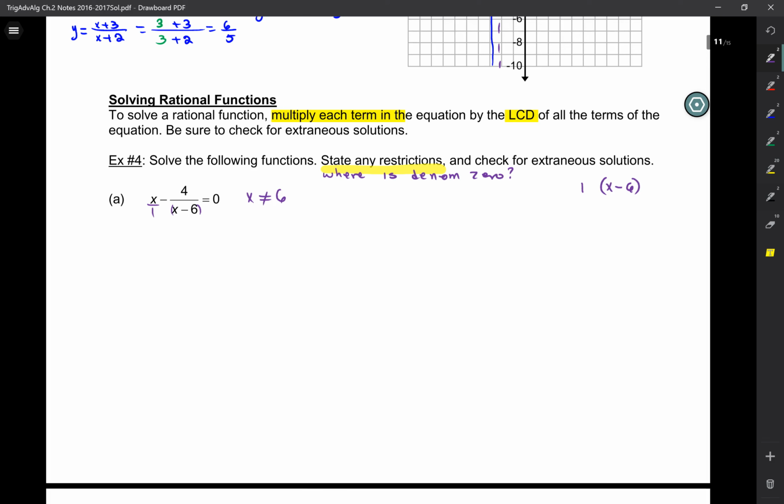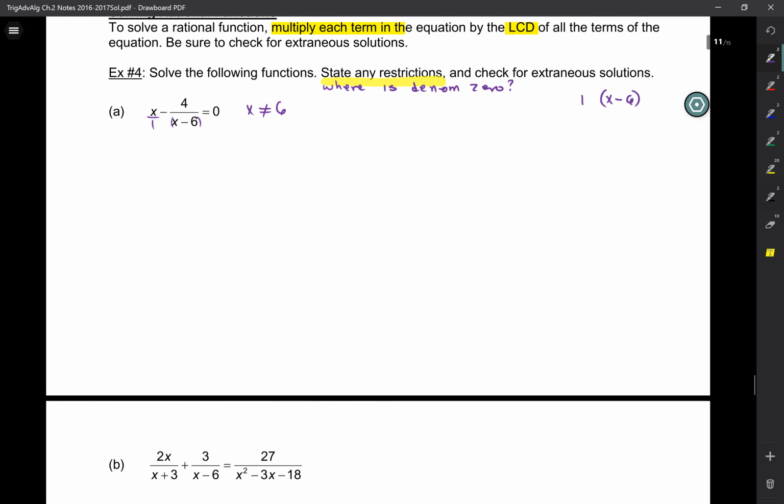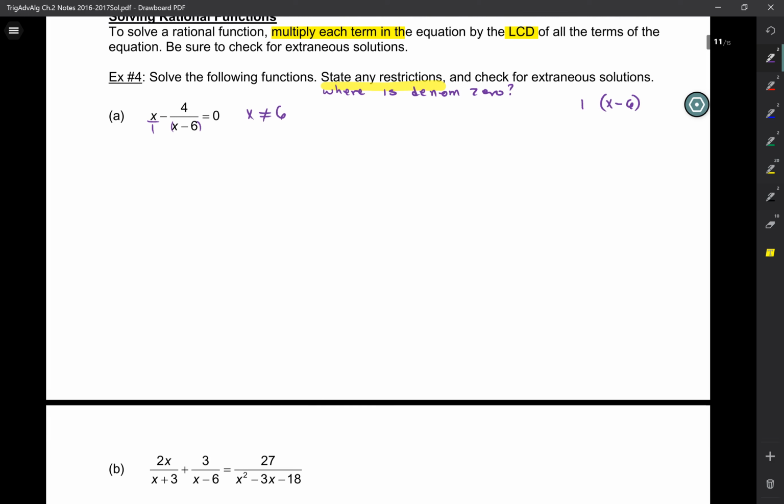The way you do it is this: to find the common denominator, you look at all of the denominators that you have, and you take one of each kind. So together, the common denominator becomes x minus 6. You just take one of each.